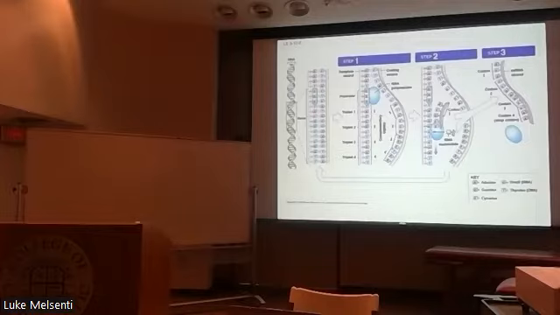Where in the cell is this happening? In the nucleus. Remember, the DNA is locked away in the nucleus to protect it. This happens in the nucleus, and then the messenger RNA has to leave the nucleus. What's the little doorway to get out of the nucleus?